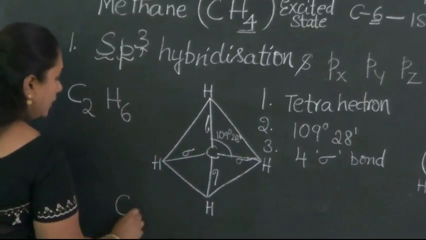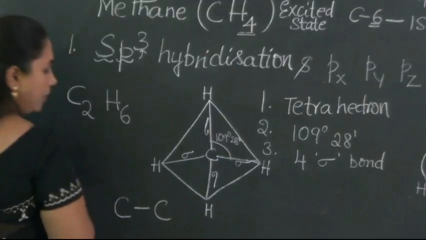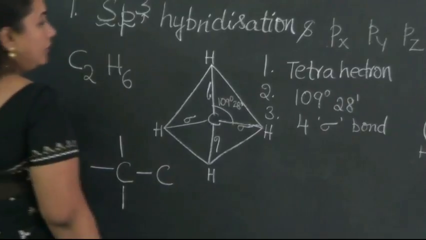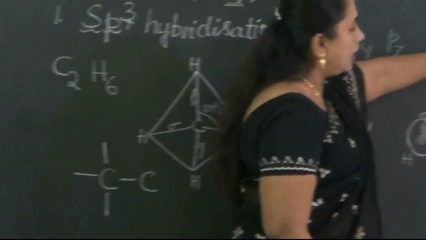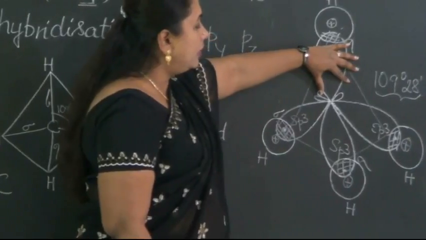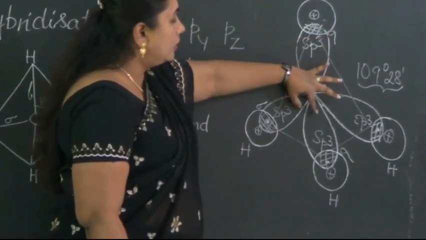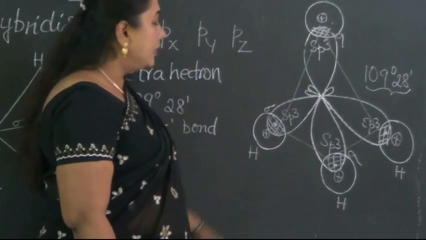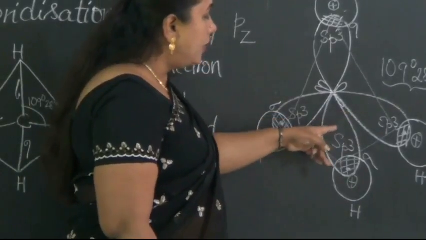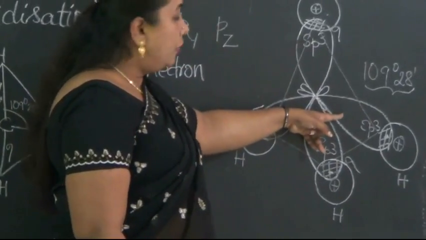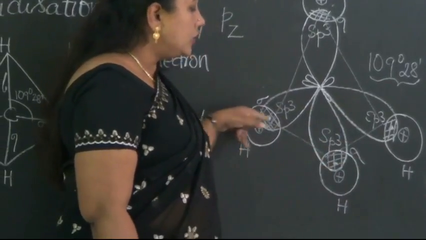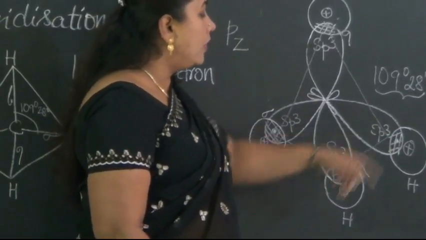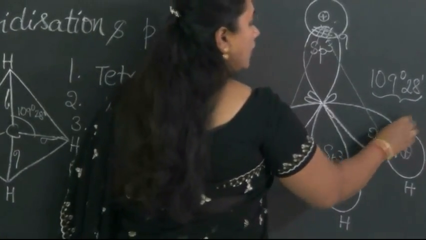So between one carbon and another carbon there is a sigma bond, and each carbon in turn, because if one sp3 hybrid orbital is utilized, how many more sp3 hybrid orbitals are still remaining? 1, 2, 3. 3 of the sp3 hybrid orbitals would be remaining. Now each of these sp3 hybrid orbitals in case of ethane would be bonding with hydrogen, as we can see here, resulting in the formation of sigma type of covalent bond, because it is a head-on overlapping.